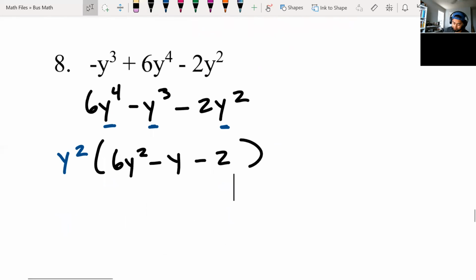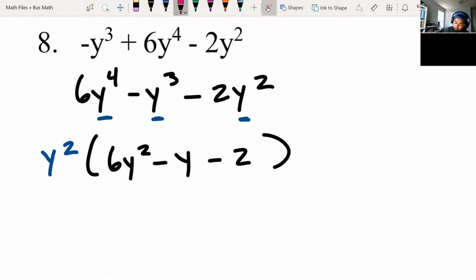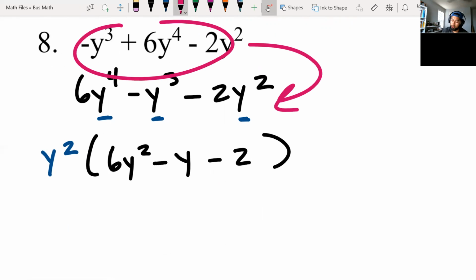Is there a reason why you switched the original over to the one that goes from highest to lowest? So why we took this one and rewrote it? Because we're going to be factoring them, it only makes sense to put the polynomial into standard form.